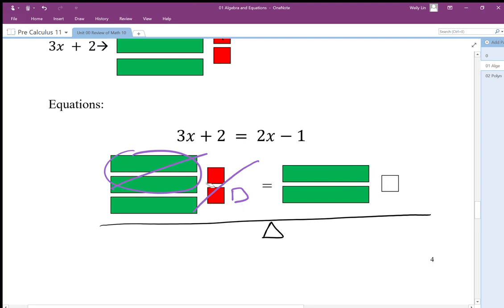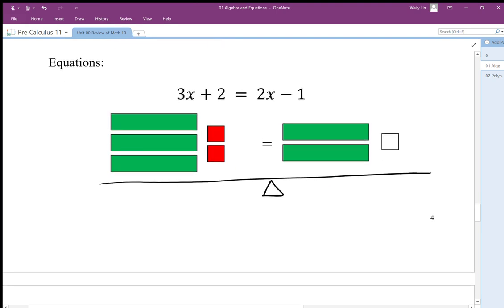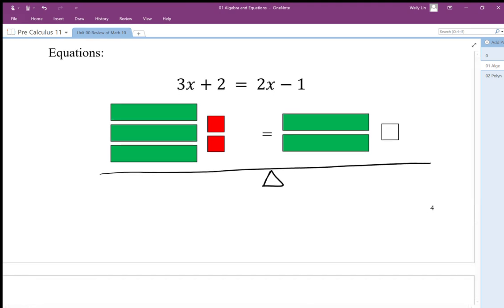Now, you don't need to use the balance because we do have algebra to solve these equations, but you do need to know how to set up an algebra tile balance. So we're not going to use those balloons and stuff. Those balloons are only just to show that there's a physical effect of negatives and positives on the balance, but we don't really need to show those on the balance.